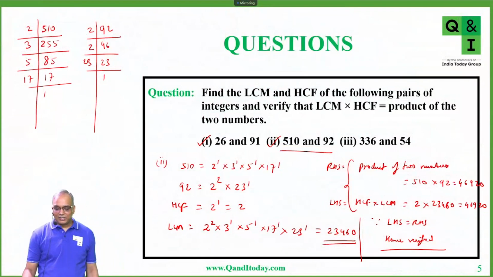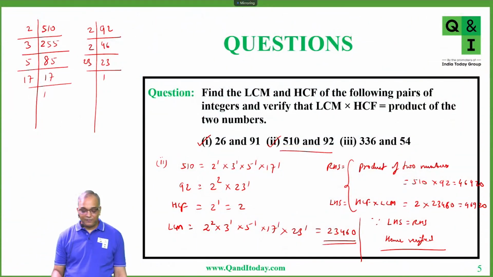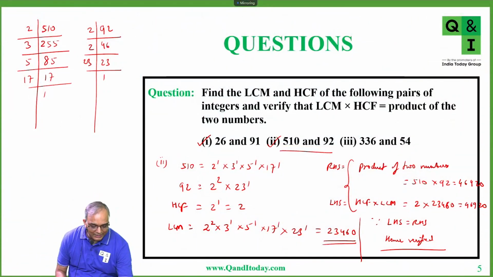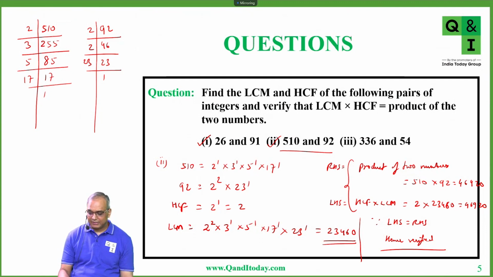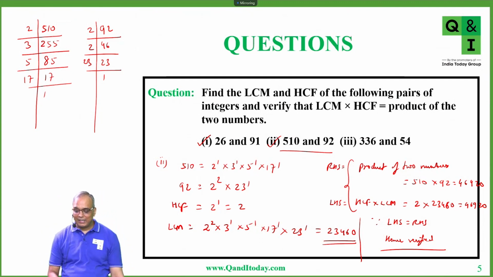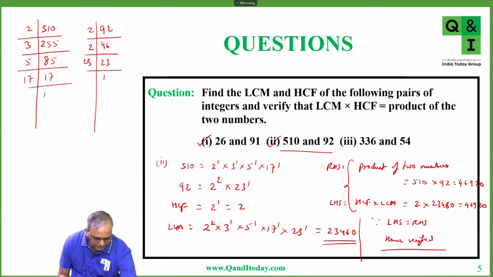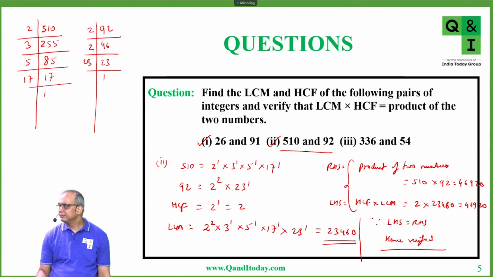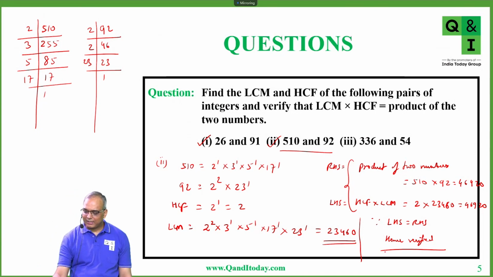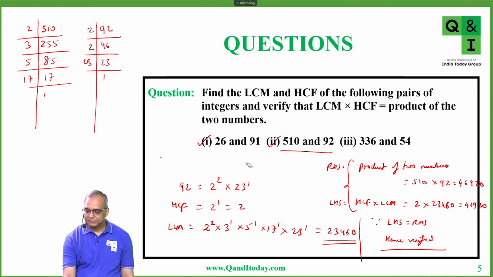Let's go to the next one. 336 and 54. Can you quickly tell me the HCF and LCM of this? 336 and 54. I hope everyone has written this down.